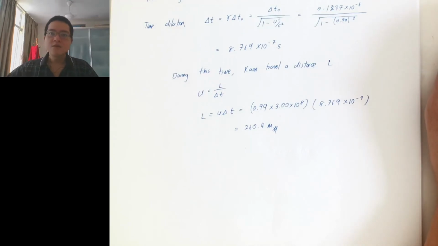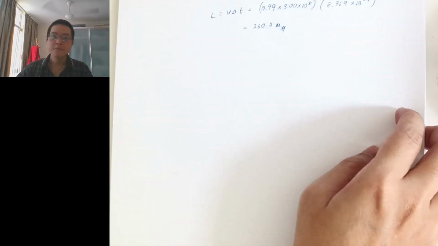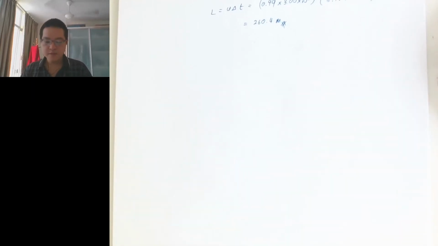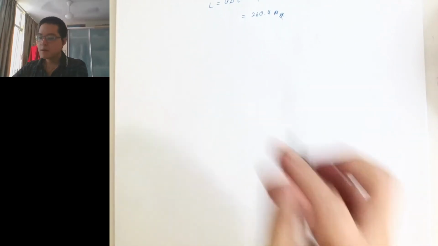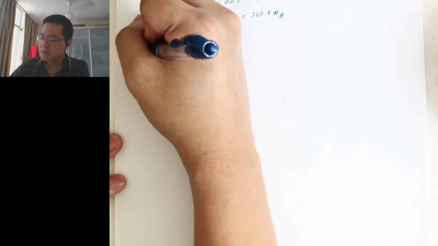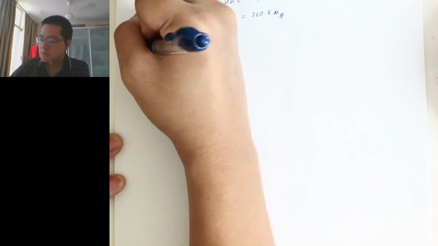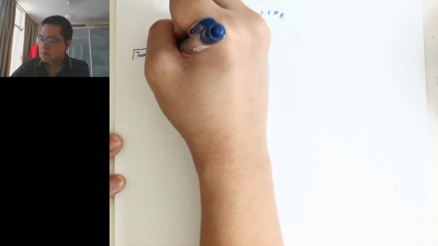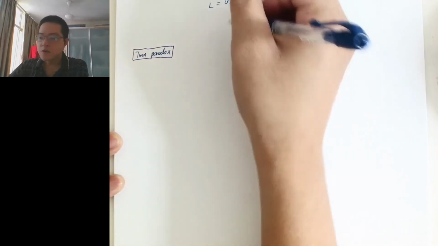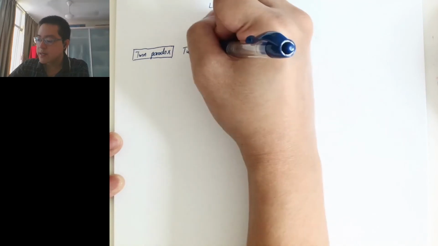Okay, so let me bring up the twin paradox, and then you can think about it during the break. So for the twin paradox, let's say I have two identical twins.